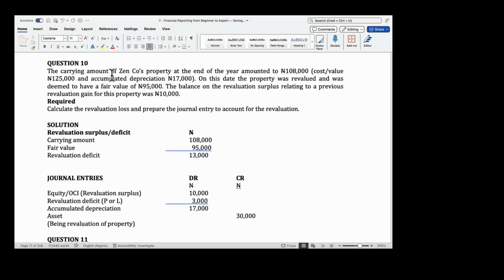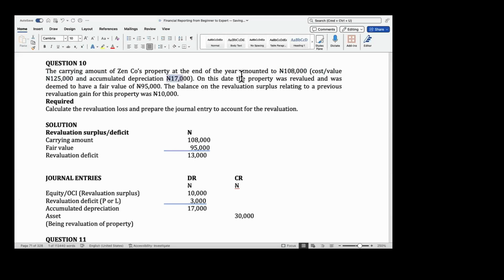The carrying amount of Zenco's property at the end of the year amounted to 108,000. The cost value is 125,000. The accumulated depreciation is 17,000.